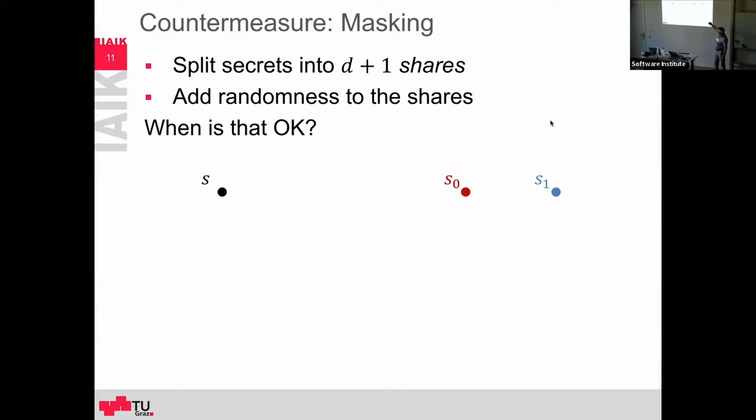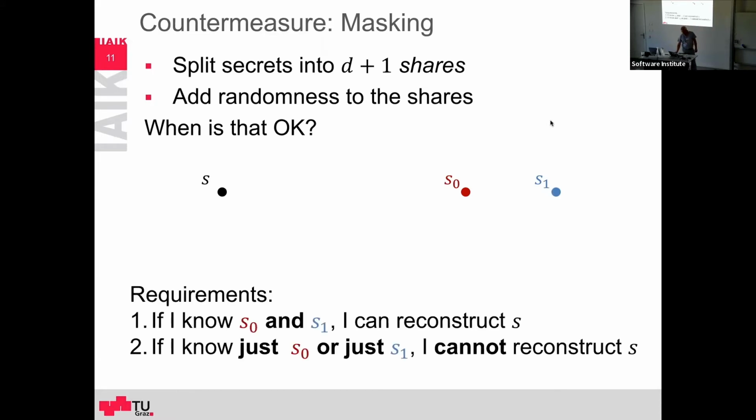I'm going to have my secrets in the original circuit in black, and then I'm going to split them into a red part and a blue part. For instance, I set the red to a random value and the blue to the XOR of the random and my original secret. So I have 2 things that need to hold.